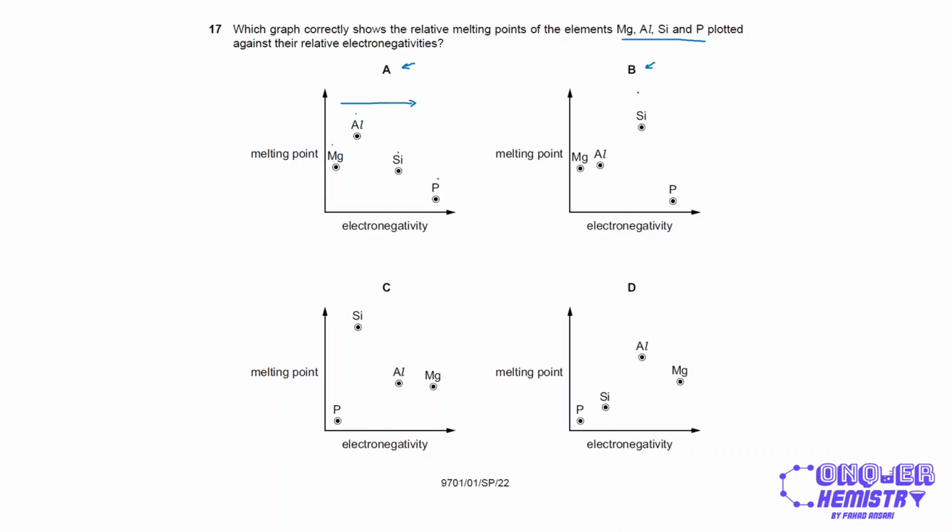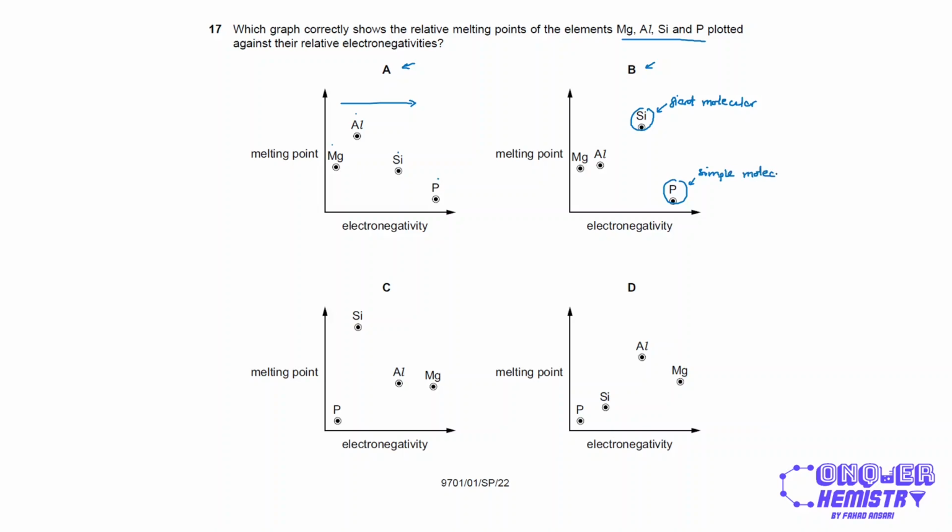Now, as far as melting point is concerned, we know that silicon out of all of these will have the highest melting point because it is a giant molecular structure, right? And phosphorus will have the lowest because of the fact that it has a simple molecular structure.